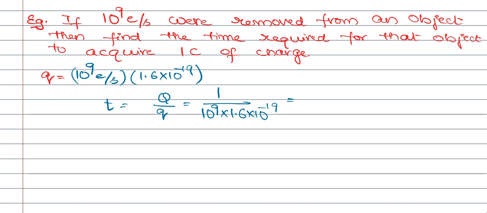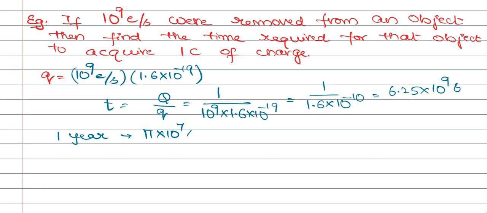As we already solved, this will be around 6.25 into 10 to the power of 9 seconds. In 1 year we have pi into 10 to the power of 7 seconds.